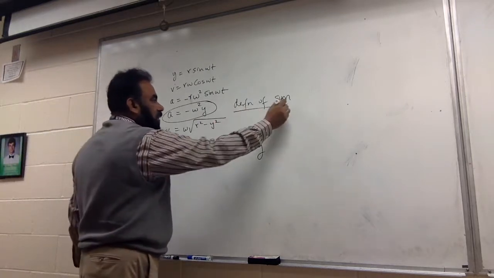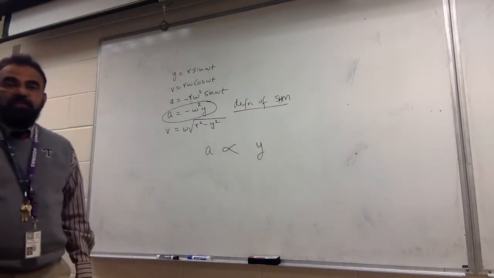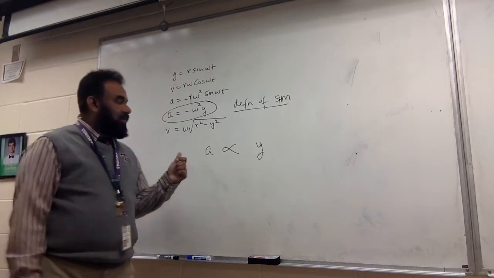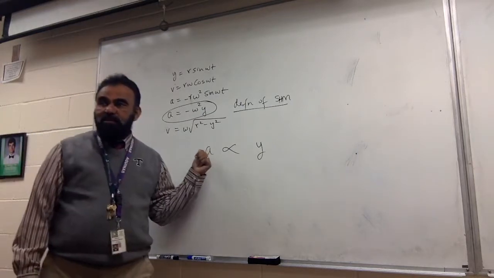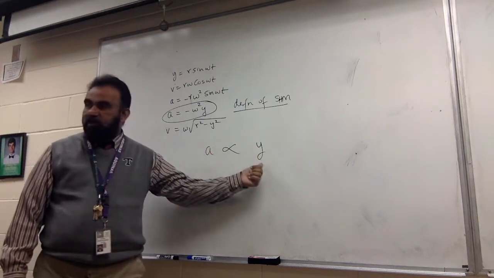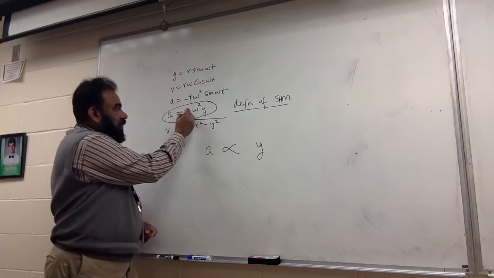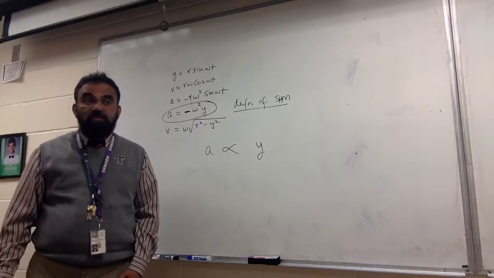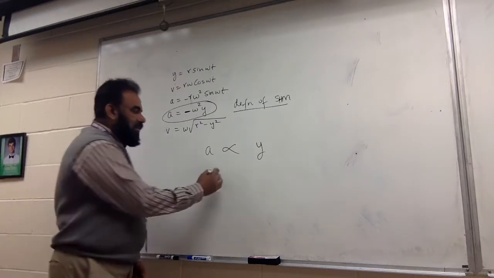So what is the definition of simple harmonic motion? It's a periodic to and fro motion where the object is moving in such a way that the acceleration is directly proportional to the displacement and it is directed towards the mean position.